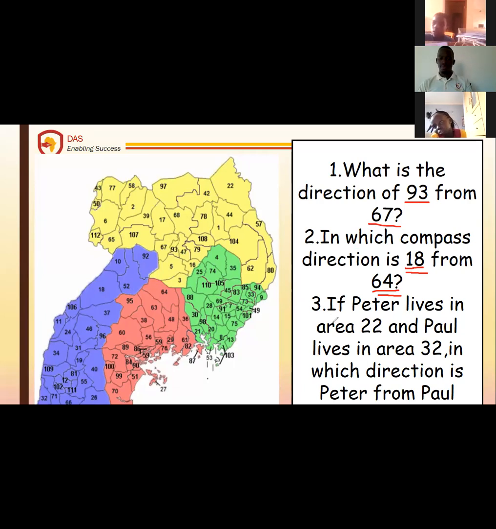Number 3. Peter lives in area 22 and Paul lives in area 32. Let's first identify those places. 22 is here. Who lives in area 22? That is Peter.